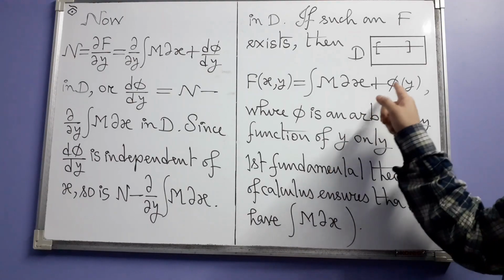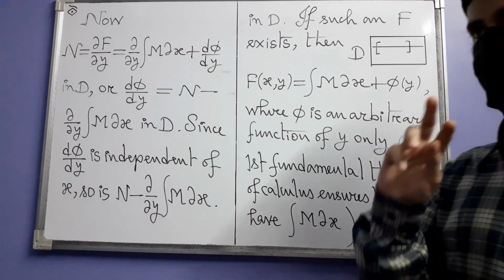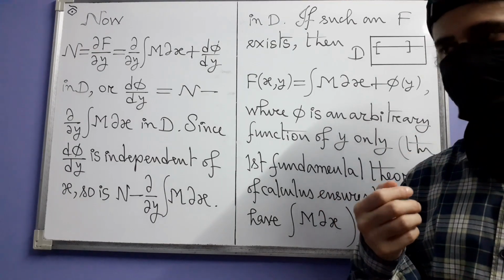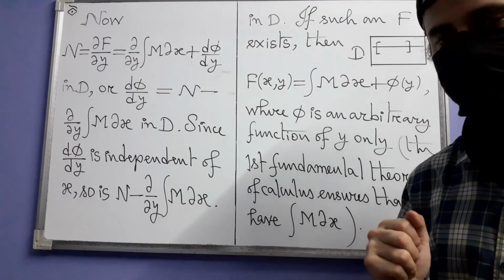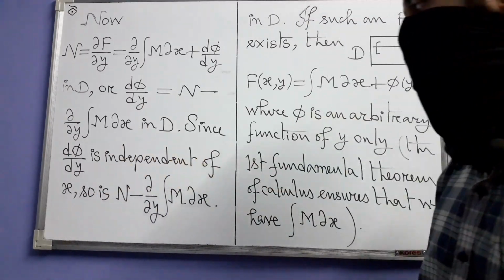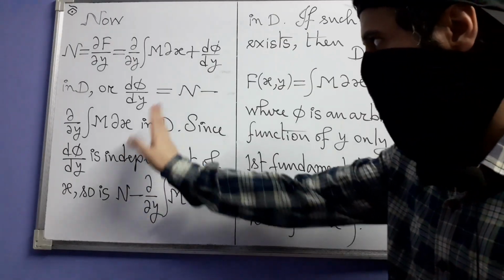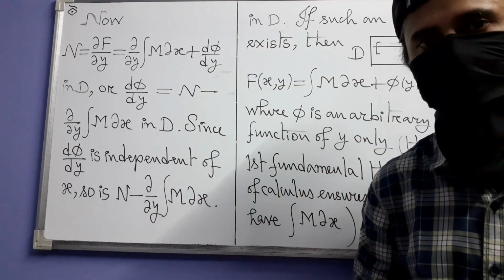Now because phi is a function of y only, if you differentiate phi with respect to y, that will again be a function of y only. There is no x, it doesn't depend on x. So this side is independent of x. So obviously the right hand side, that is this, should also be independent of x.